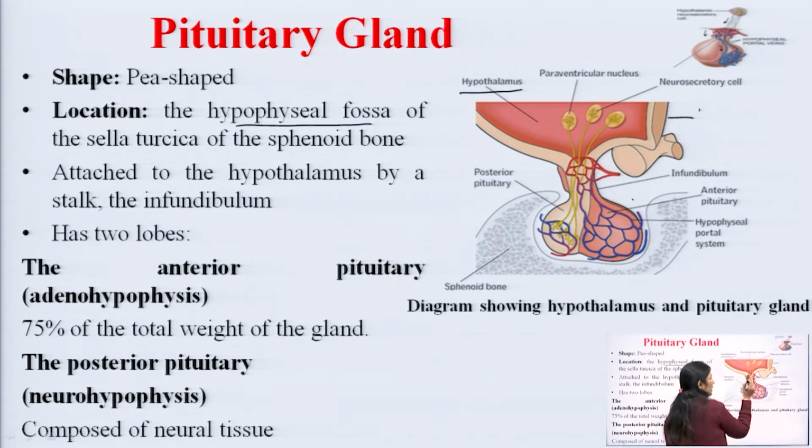This is hypothalamus, this is pituitary gland, and pituitary gland is divided into 2 lobes. One is anterior pituitary, and this is posterior pituitary. Anterior pituitary is larger.